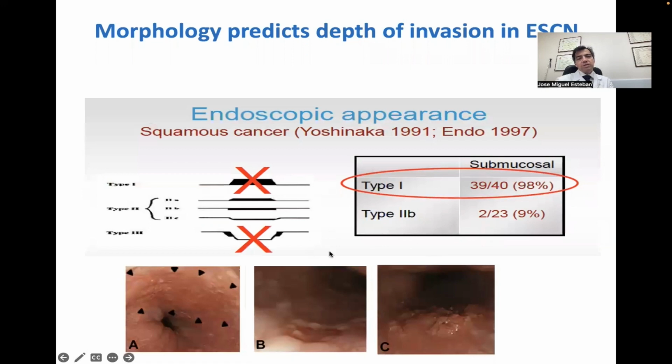But this is not new. This paper was published in 1997, and the ones where there won't be submucosal invasion will be 2B, 2A, where the chance is very low.